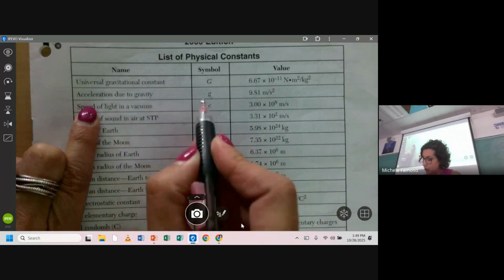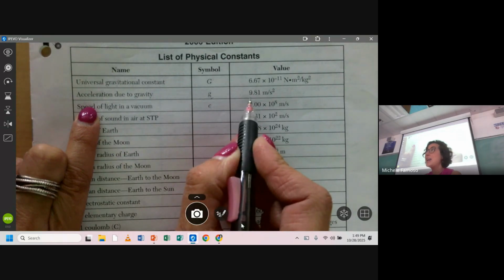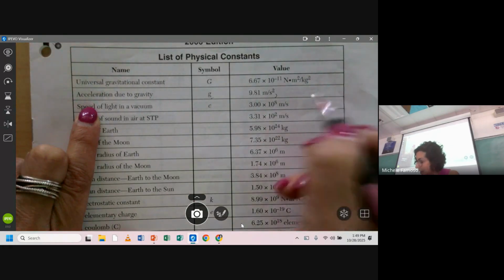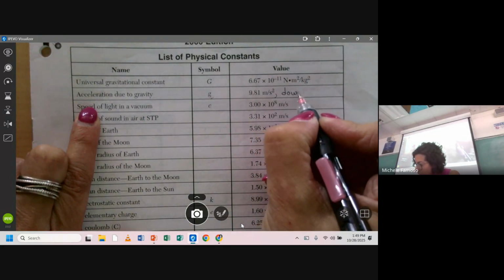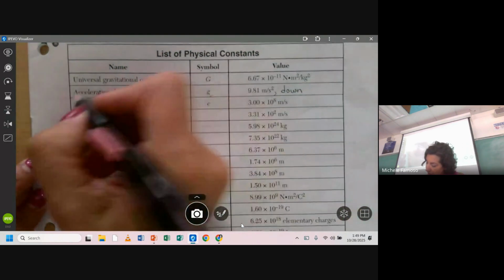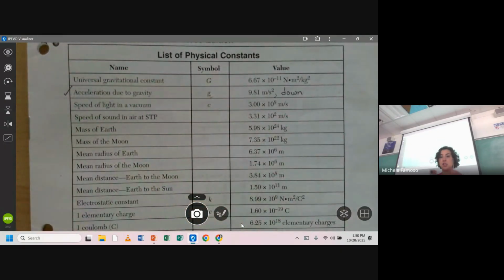There's our acceleration of gravity. This is its magnitude. Do you remember what its direction is? Down. Yeah, so I'm just going to write down. Because it's down, usually down is the negative direction. So when I use it in a problem, I'll make it negative 9.81 meters per second squared. And I want to check that off. That's our first constant to check off in that list of physical constants.